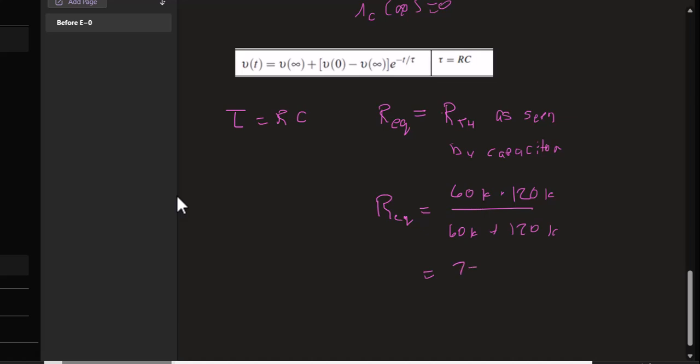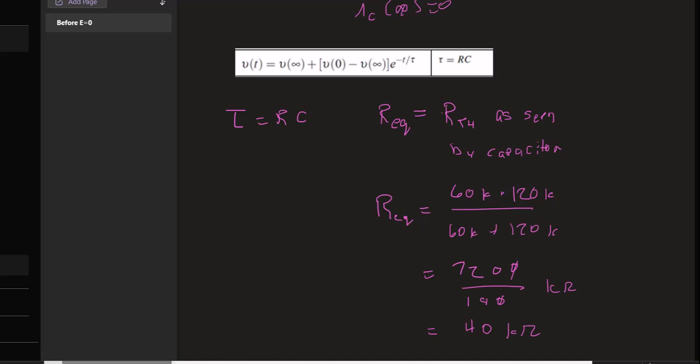Okay, so 7200 over 180 kiloohms, which is 40 kiloohms? Did anybody just verify that?